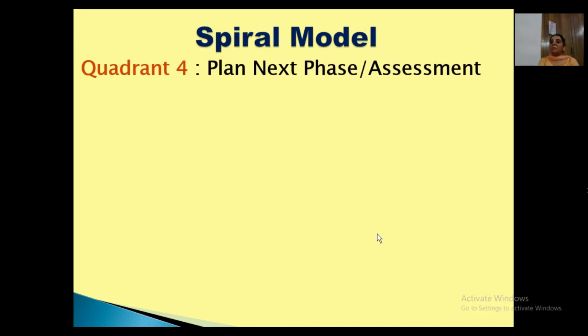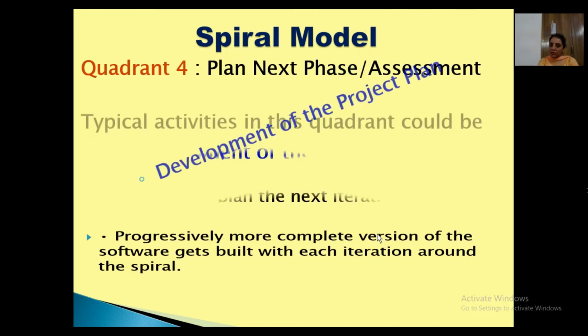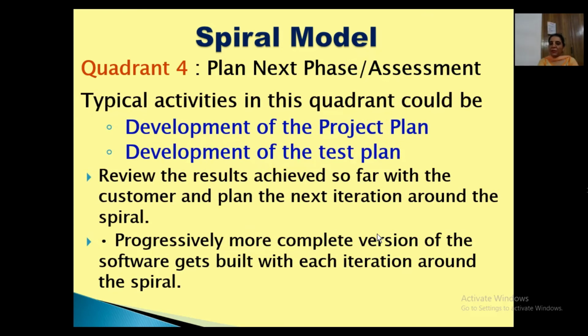Quadrant 4, plan next phase, which is also known as the assessment phase. Typical activities: development of the project plan, development of the test plan, that is how this particular product can be released, and if the product is still not okay, then how the next phase will be carried out. Review the results achieved so far with the customer and plan the next iteration around the spiral.